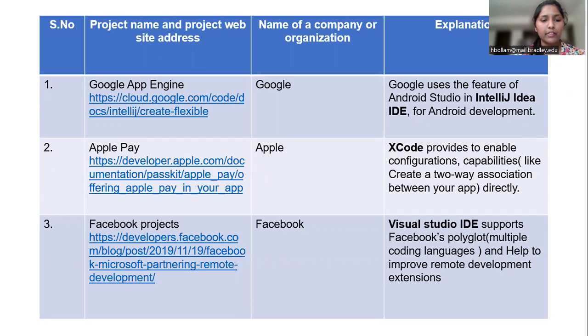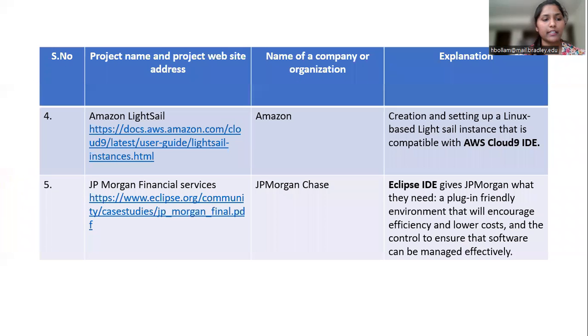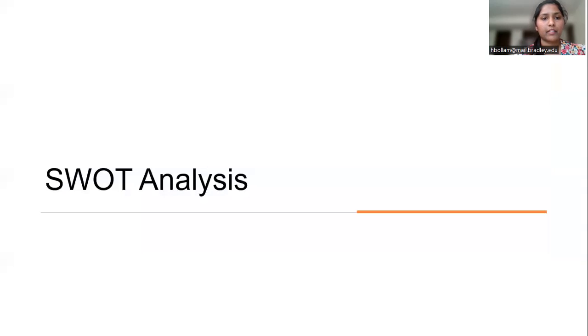And Facebook prefers Visual Studio IDE for most of its projects as it supports remote development extensions. And in the same way, Amazon Lightsail is developed with its own AWS Cloud9 IDE as it is compatible with many features. And for a financial service project, Eclipse IDE was preferred by Chase company.